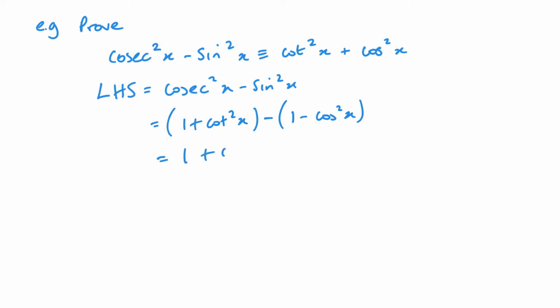So 1 plus cot squared x minus 1 plus cot squared x. So that equals cot squared x plus cos squared x, which is my right hand side. So nice and easy with the proof there, same setup as previously.